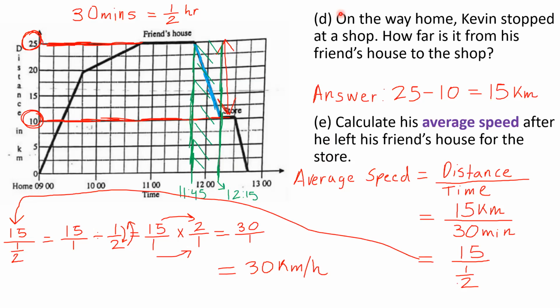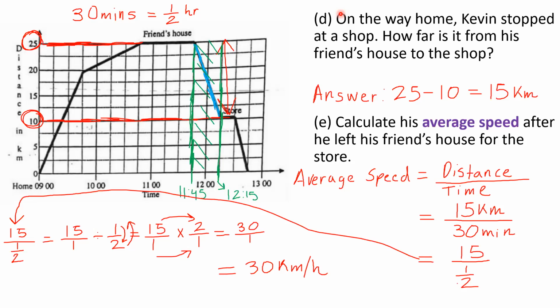Someone has a question. Why do you change the minutes part? Like you see how you change it into 1.5, which is 30 minutes, which equals half an hour. Why did you change it to that? Because we don't express our speed in terms of minutes.